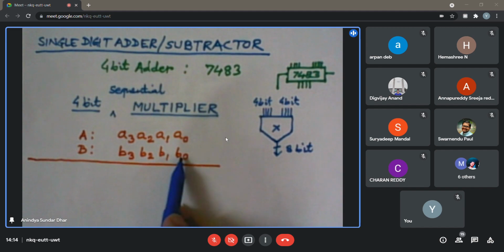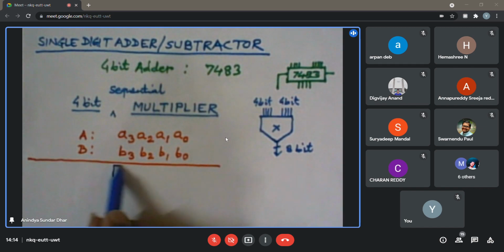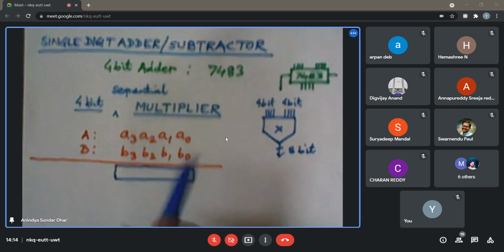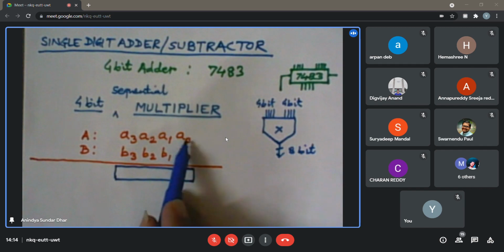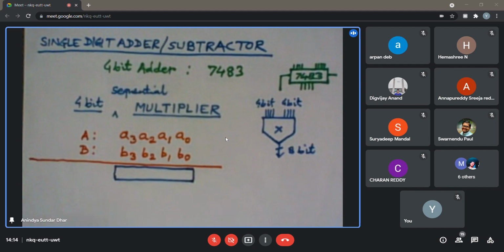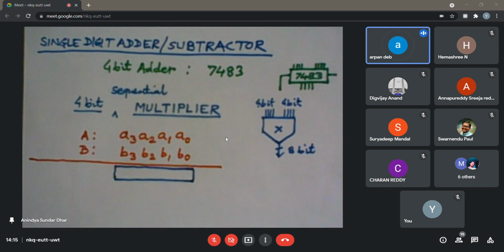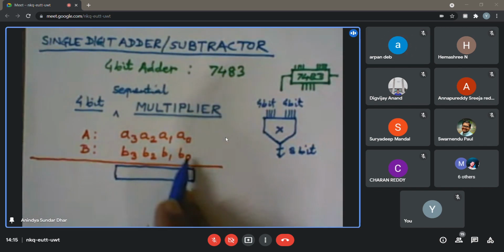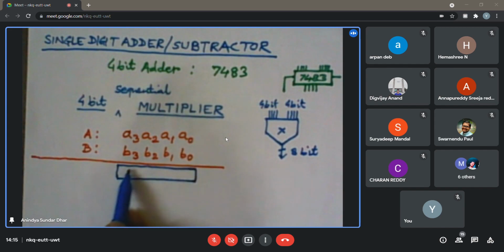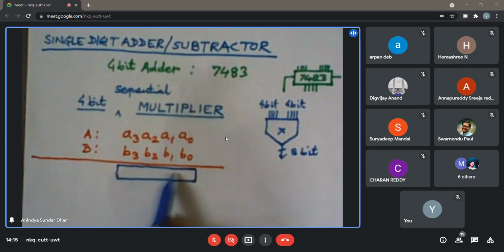If it is 0, then everything will become 0 when I write down this partial product, which is B0 times this. What is the logical operation I am referring to? Should it be OR, AND, or XOR? It should be AND, because if B0 is 0, everything becomes 0. If B0 is 1, then I am supposed to write down the multiplicand itself, A3, A2, A1, A0.